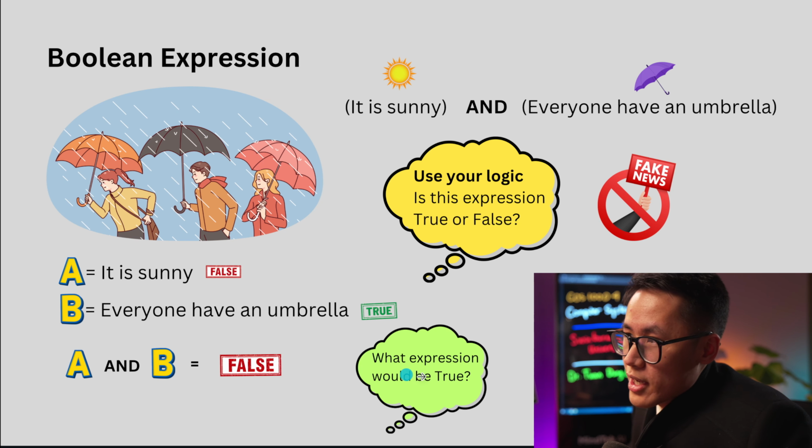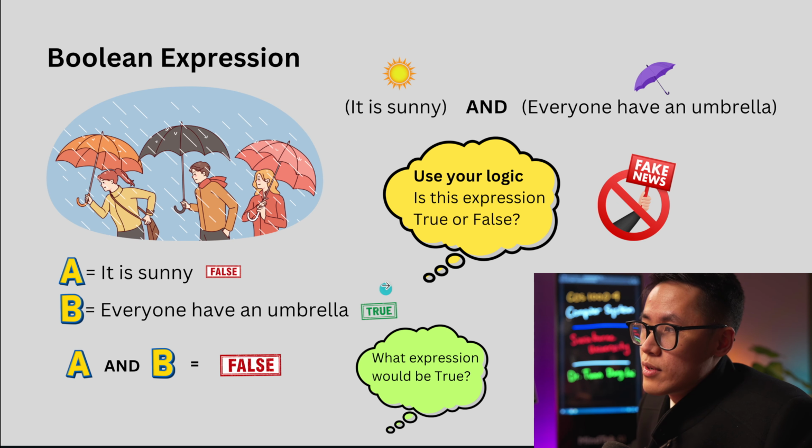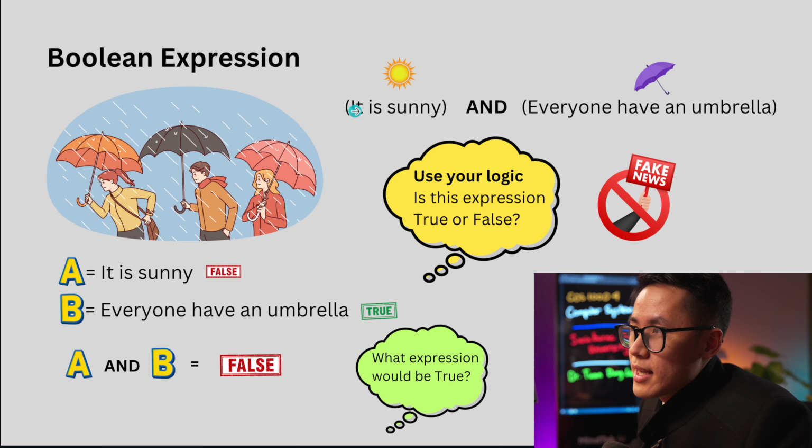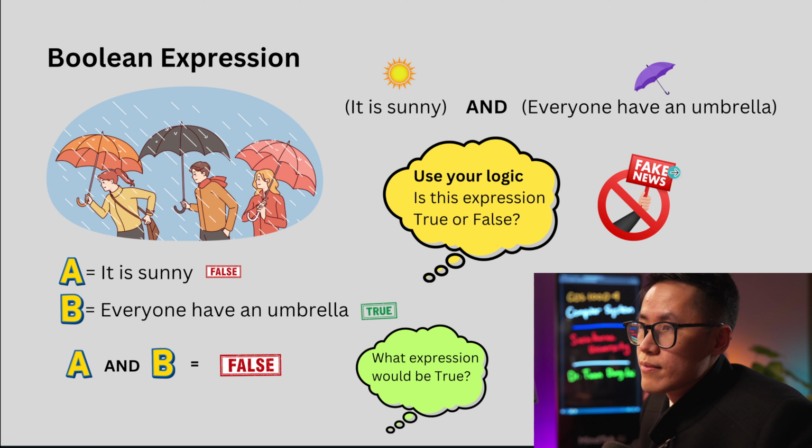Okay, so what expression would be true in this case? Okay, the expression that would be true would be it is rainy and everyone have an umbrella. Or you can say it is not sunny and everyone have an umbrella. That can also be true.